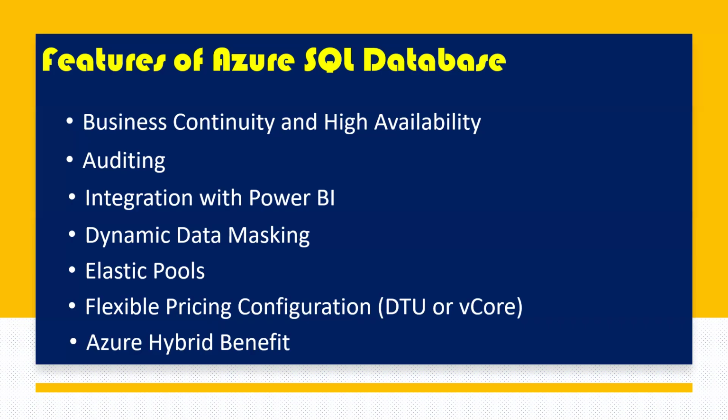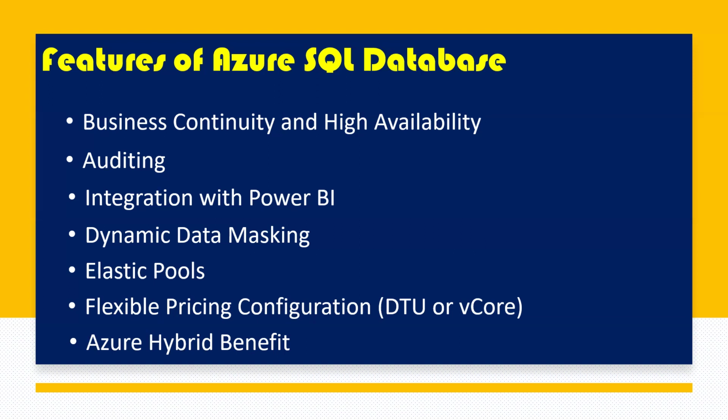Integration with Power BI: the SQL database holds table data, and if you want to use that data as a source for Power BI, yes, we can use it. Power BI can be integrated with our SQL database.